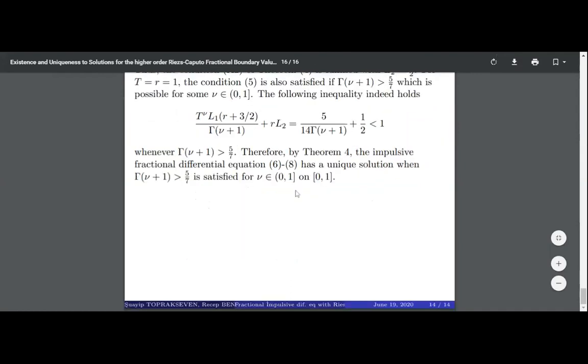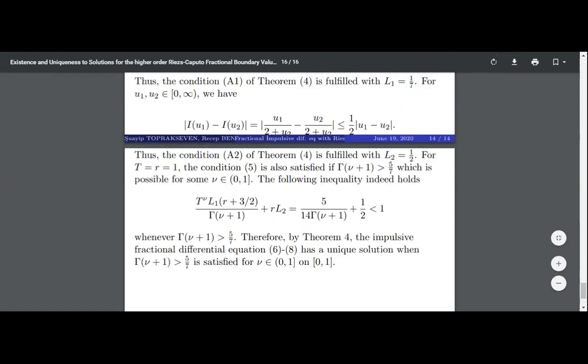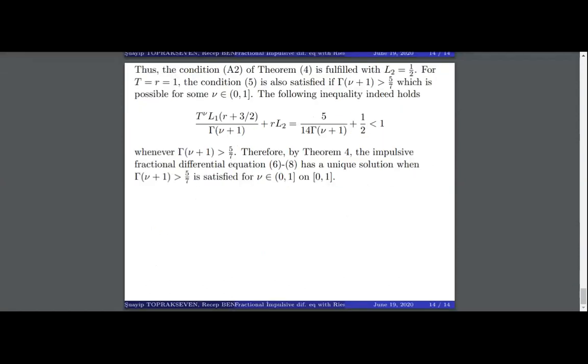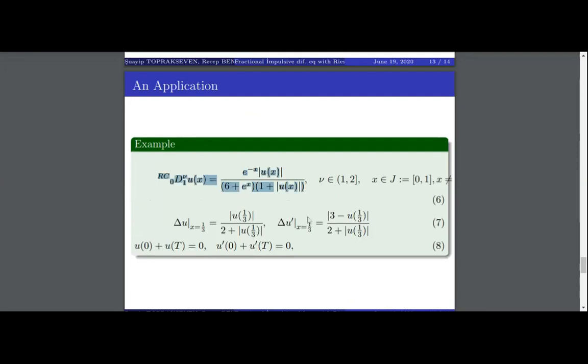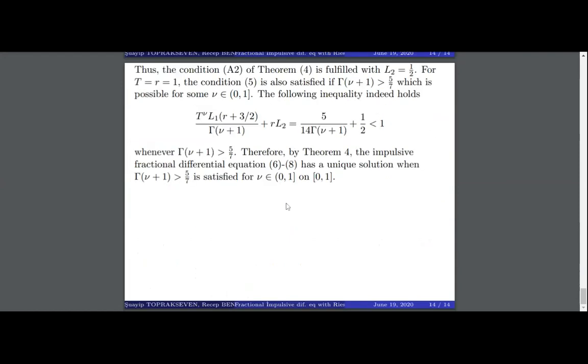I think L3 is the same. So we calculate this number, which is less than 1. So we conclude that by our theorem, this example has a unique solution. Okay, I finished.